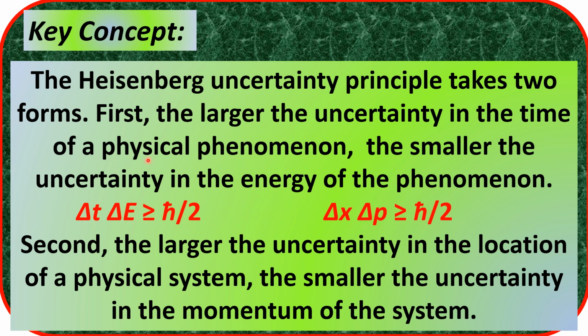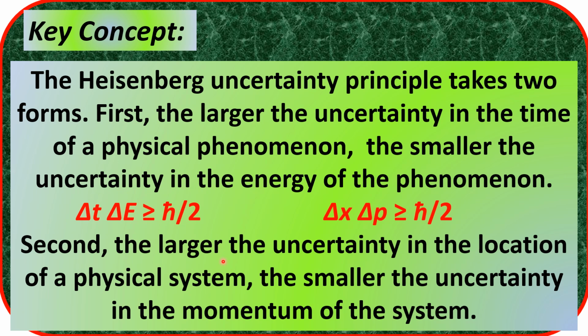All right? So the Heisenberg Uncertainty Principle takes two forms. First, it states that the larger the uncertainty in the time of a physical phenomenon, the smaller the uncertainty in the energy of the phenomenon. So that is summarized in this mathematical expression: delta t times delta E is equal to or greater than h bar divided by 2.